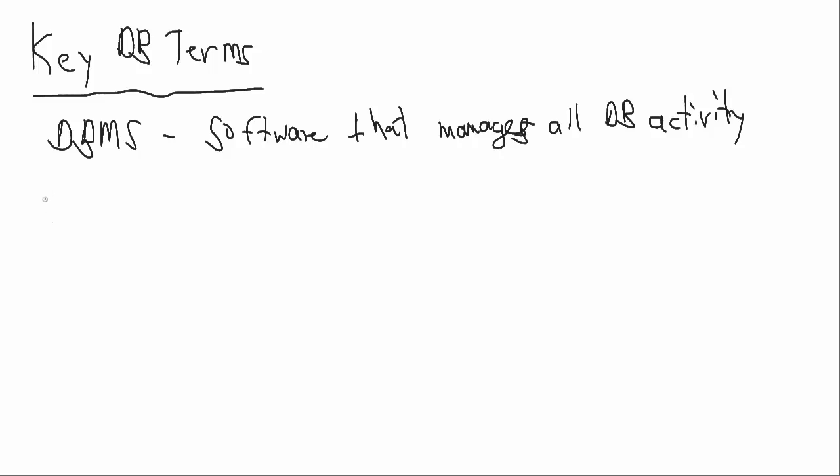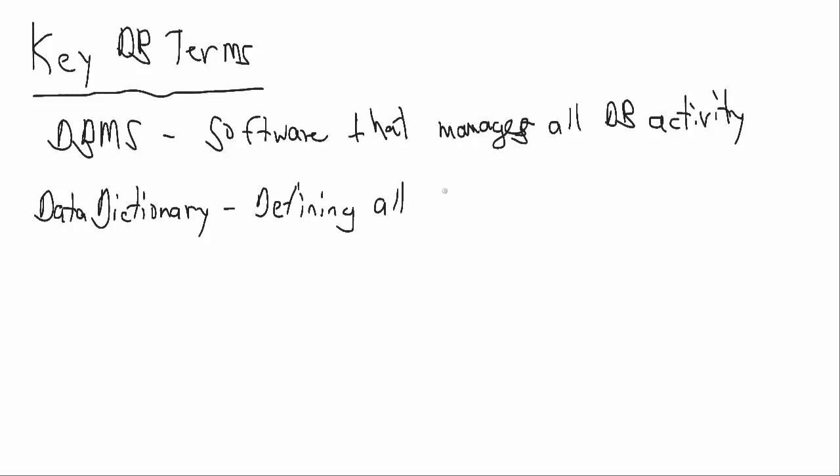The next term is data dictionary. And basically what we're doing in the data dictionary is defining all the fields used in the database.